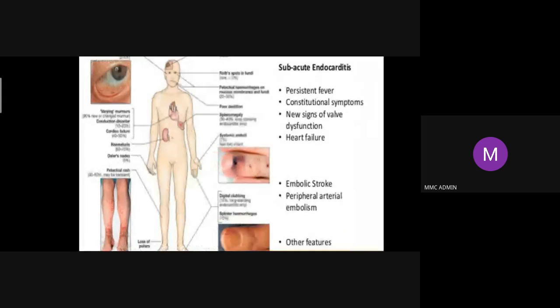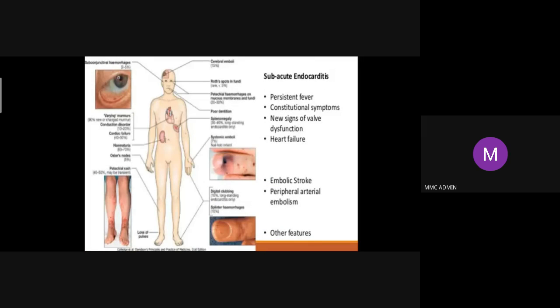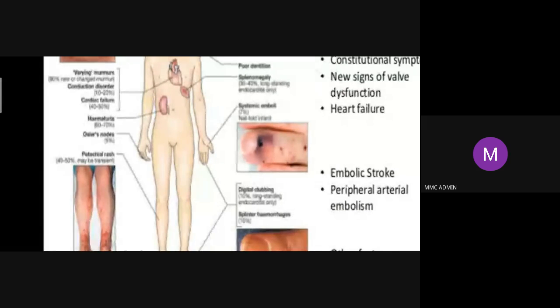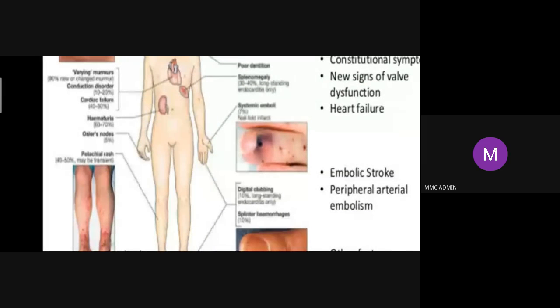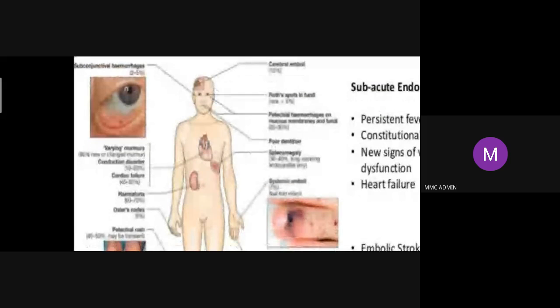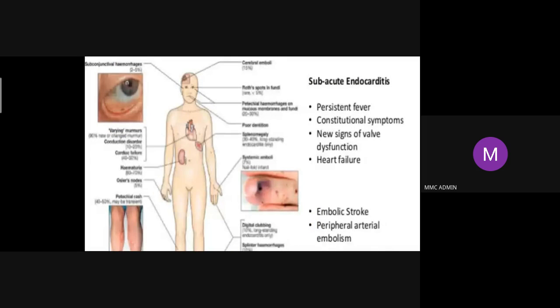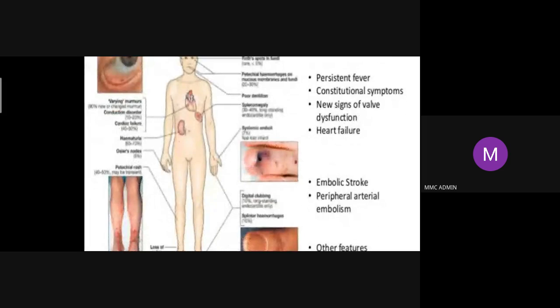There is a picture showing you the symptoms of infective endocarditis: persistent fever, constitutional symptoms, any new signs of valvular dysfunction, heart failure, embolic stroke, and peripheral arterial embolization. We will get varying murmurs. In the heart, we will get conduction disorders, cardiac failure, hematuria, petechial rashes, and splenomegaly.